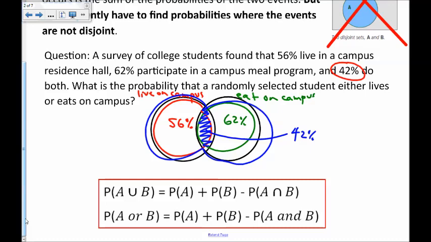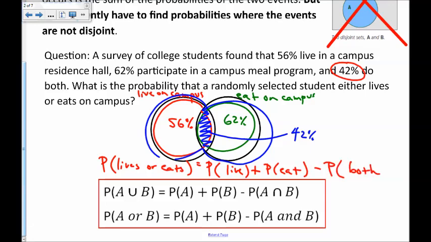Using this general addition formula, the probability that a student lives or eats equals the probability that they live on campus plus the probability they eat on campus minus the probability that they do both.